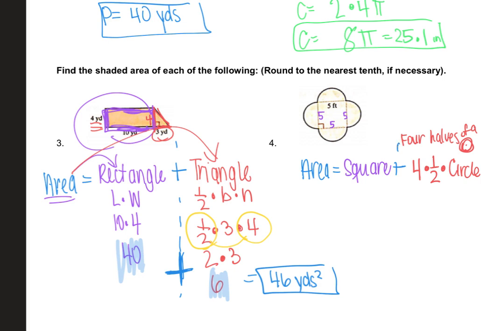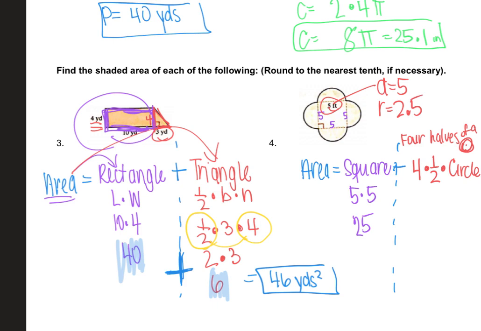Again, keeping things separate here. My square is going to be 5 times 5, or 5 squared, which is 25. My circular piece, well, 5 is a diameter, sorry. Diameter equals 5, which means my radius is 2.5 because my radius is half of it.